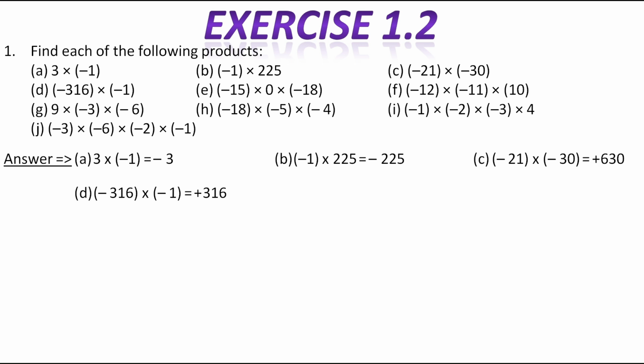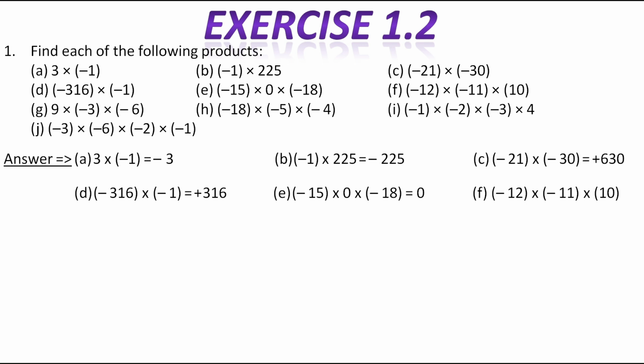Now for E we have minus 15 into 0 into minus 18. We all know whichever number we multiply with 0, the answer will be 0. So the answer for E is 0. Now for F we have minus 12 into minus 11 into 10.